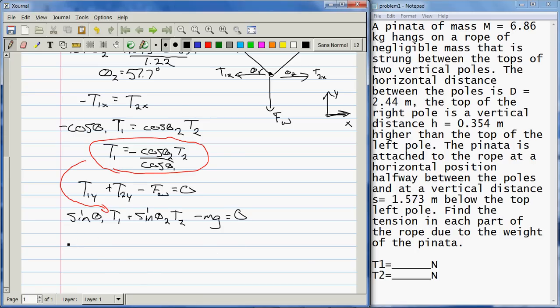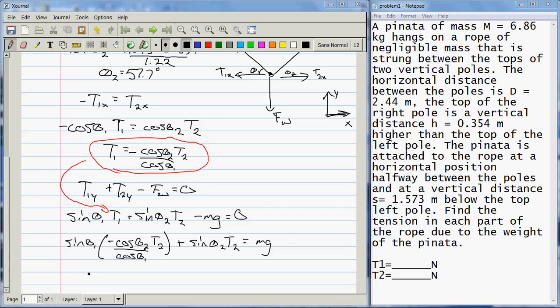So sine theta 1 times negative cosine theta 2 T2 divided by cosine theta 1 plus sine theta 2 times T2. I'm going to move this mass times gravitational acceleration over onto the right.